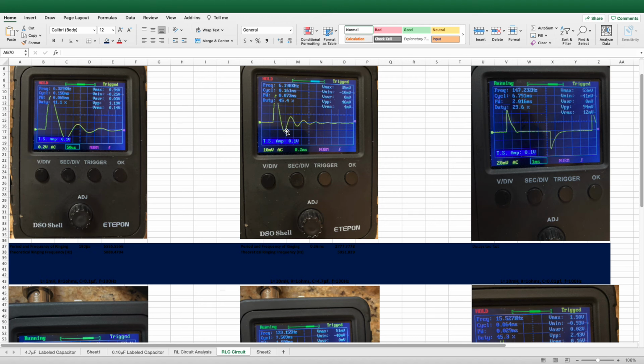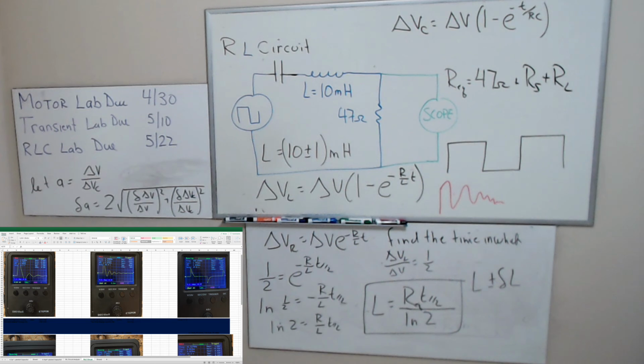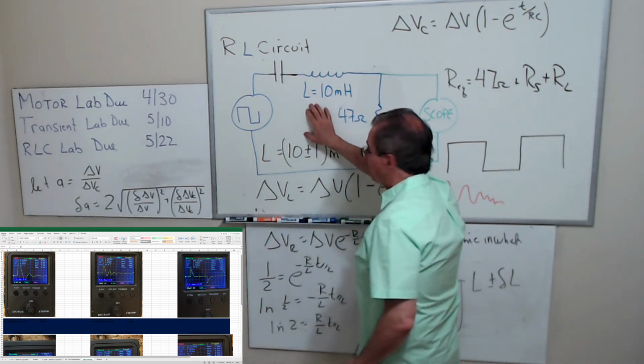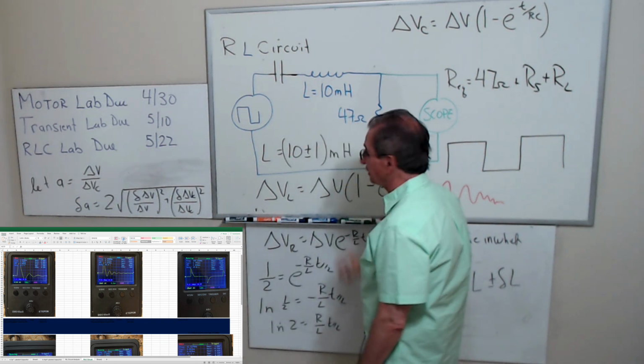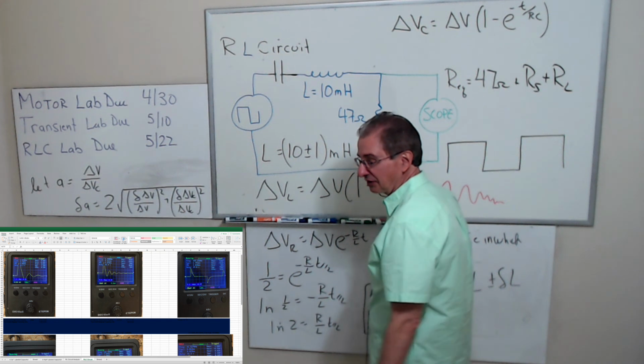Now, I'm going to help you determine your values of R, L, and C next week. Let me change views. I'm going to apply Kirchhoff's laws and set up the differential equation. It's called a second order differential equation.